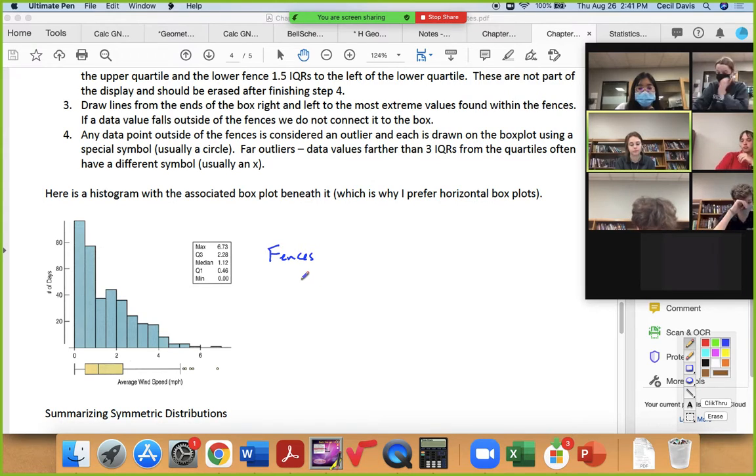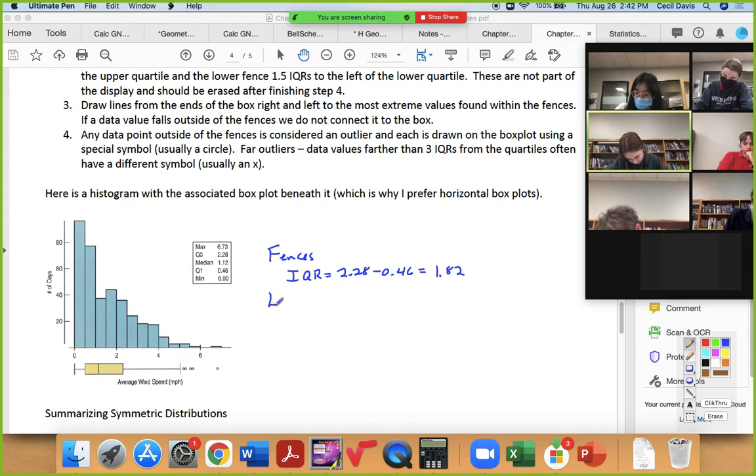So your fences on this one, you first have to figure out, well, what is the interquartile range? So for this, that's going to be 2.28 minus 0.46. So 2.28 minus 0.46 is 1.82. So our lower fence is going to be quartile 1, 0.46, minus 1.5 times the interquartile range.